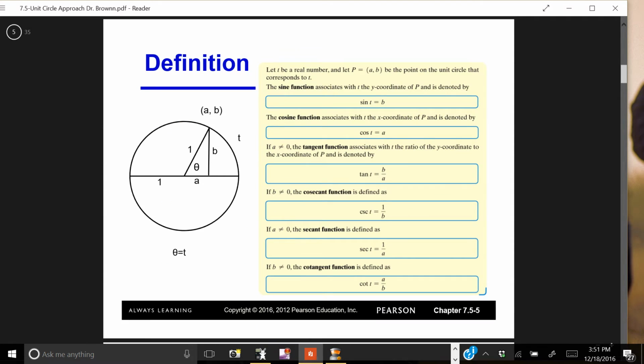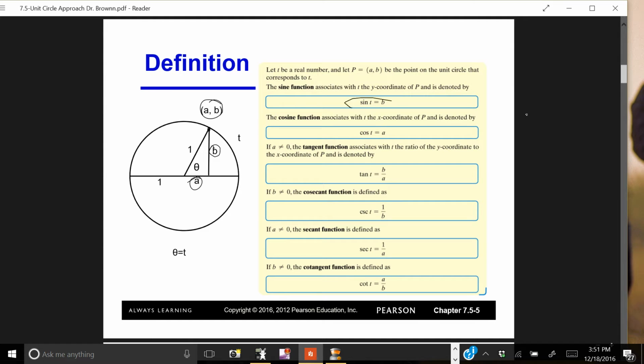Notice for the unit circle, we can draw a triangle for the point A and B, and the opposite would be B, and the adjacent would be A. And we can now define the trig functions in terms of the A's and the B's.